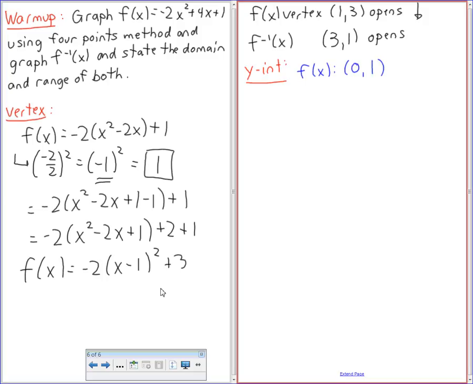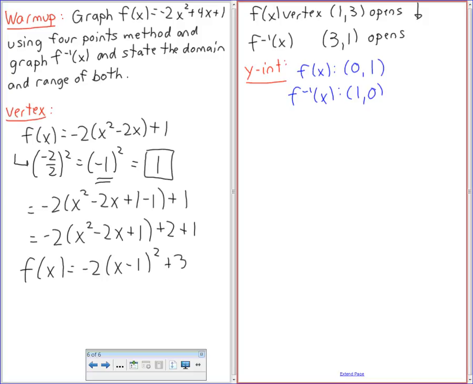Right, so remember you're going to say x is 0, the y is going to be whatever the number is there. Now, can you tell me a corresponding point, please, for f inverse? 1 and 0. Very good. So the y-intercept for your original function is going to be the x-intercept for the inverse.